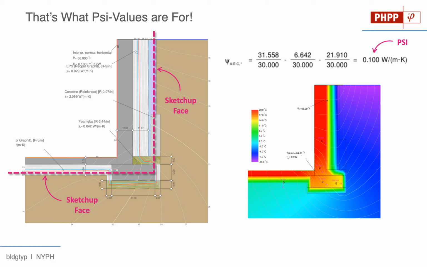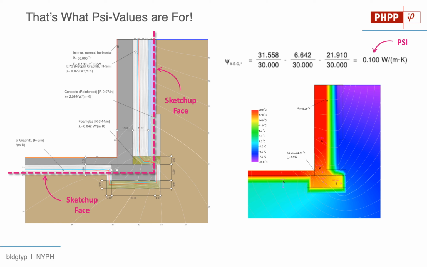Remember, the psi values, the thermal bridging coefficients, those are going to be defined as a correction factor. Those factors are used in our model to correct for the difference between the basic heat loss of the surfaces and the actual heat loss with the actual geometry at the corner.